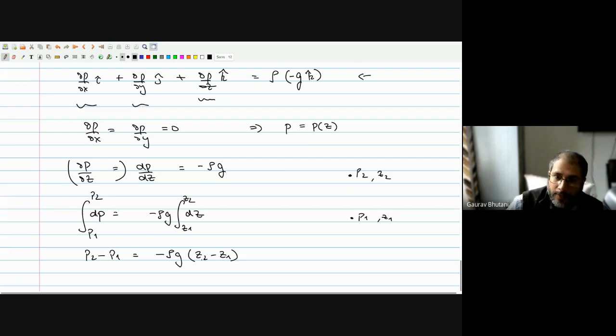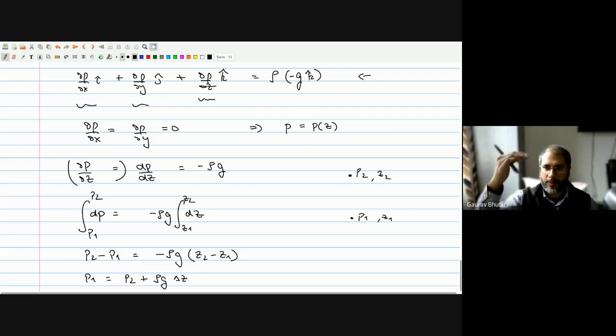And this basically gives us, I'll write P1 is equal to P2 plus rho G times delta Z. Z2 is greater than Z1. That's higher. So we take a reference, let's say from here. And this is the relation of hydrostatics. P1 is equal to P2 plus rho g delta z.